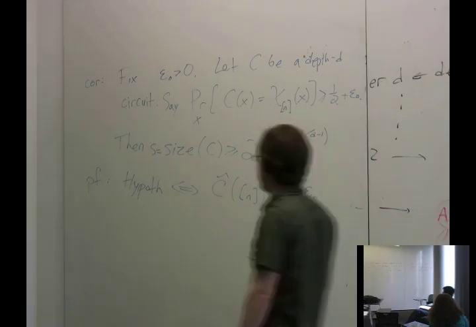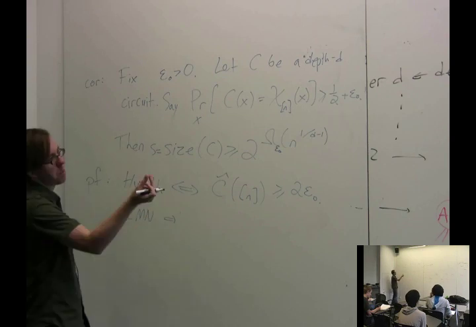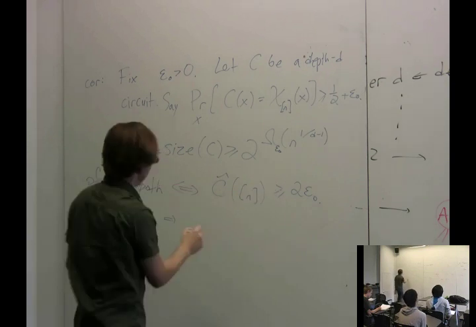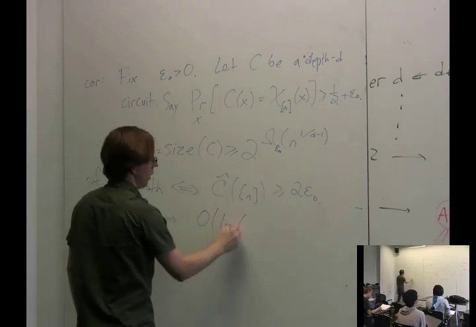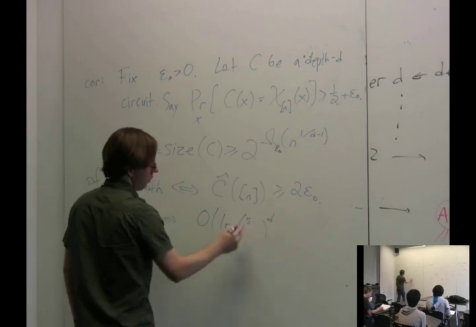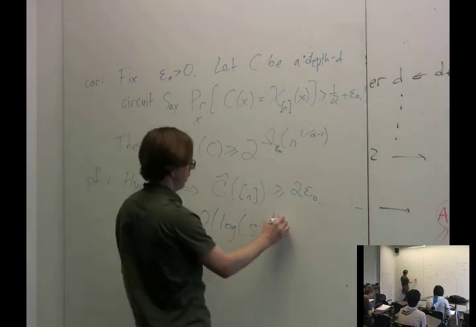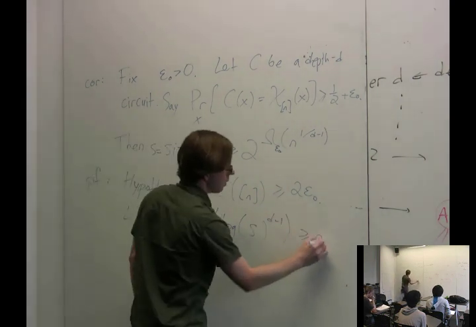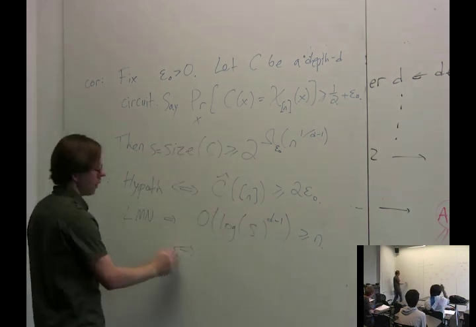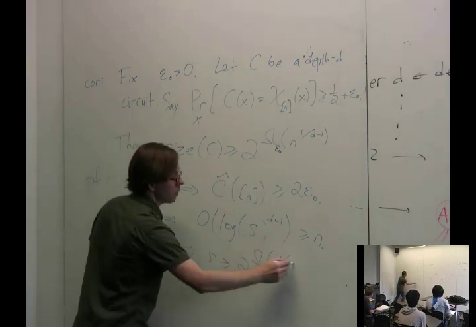So the Element Theorem implies, if you take the epsilon in it to be smaller than this epsilon naught, that this degree bound, O of log s over epsilon naught, well, let me just turn all the epsilons into constants, had better be at least n, the degree of this Fourier coefficient. Okay, and then just inverting that gives you s is greater than or equal to 2 to the omega n to the 1 over d minus 1.